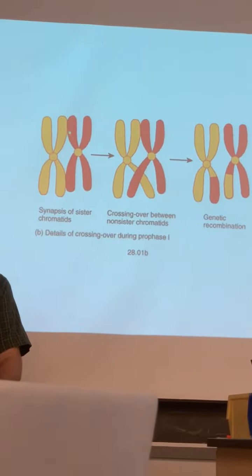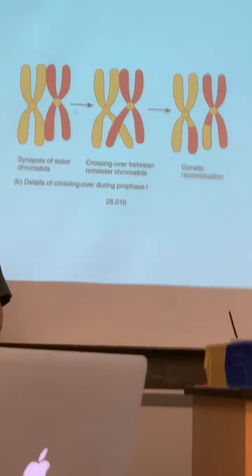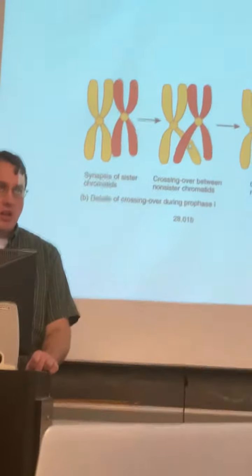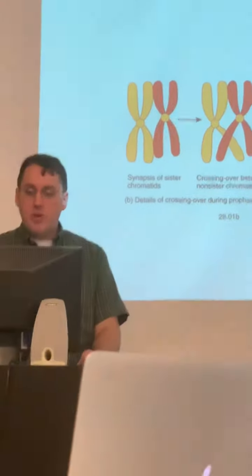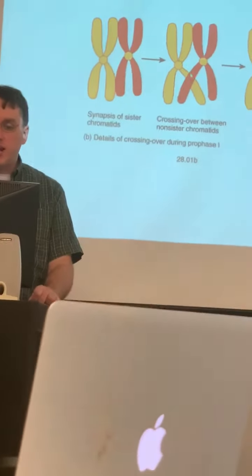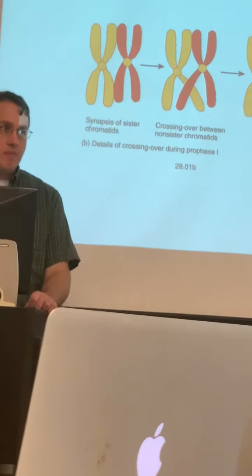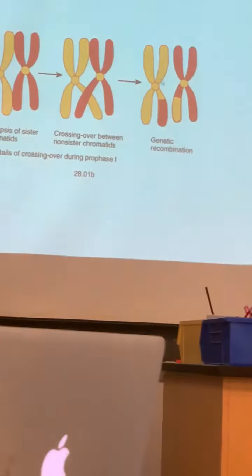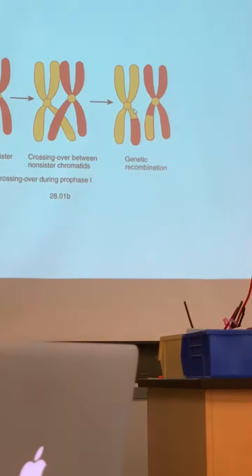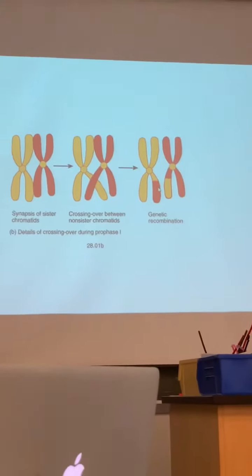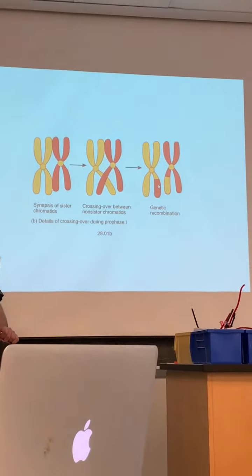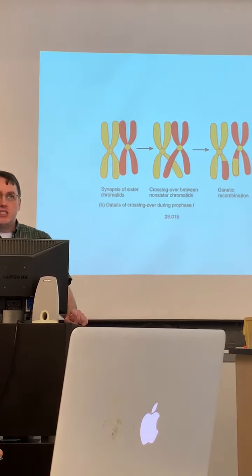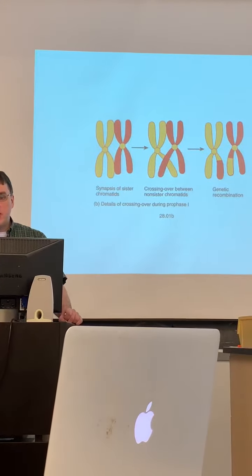Well, what happens is these two chromatids that are touching each other will cross over. And then part of the chromosome from one will detach and go to the other. So now we've produced a unique chromosome here, a chromatid, which will become a chromosome once it splits, that is now a combination of mom and dad. This didn't exist before. This is a unique combination.